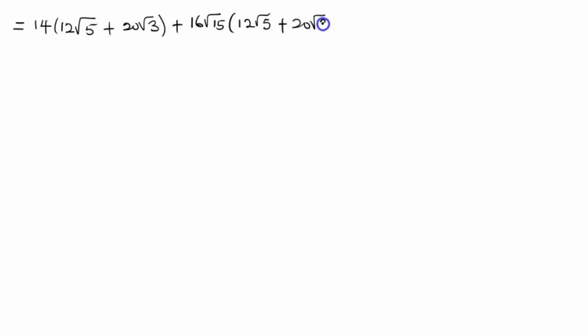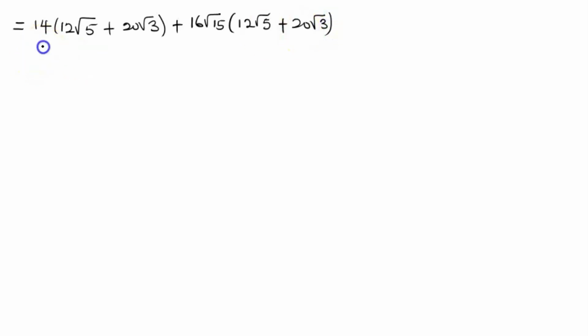So we have 14 into the bracket of 12 root 5 plus 20 root 3, then added to positive 16 root 15 into the same thing, which is 12 root 5 plus 20 root 3.